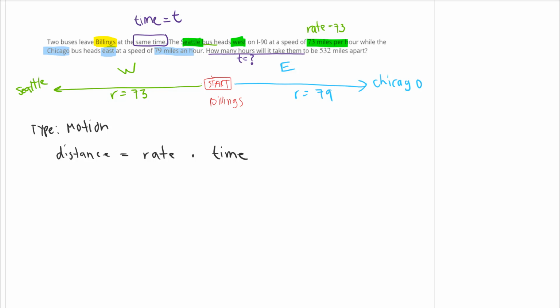And we have the total distance between them. And the reason we have the total distance between them is because it's 532 miles apart. So if that's the case, I can go ahead and start filling in some of these values.